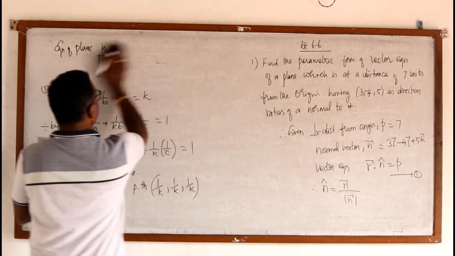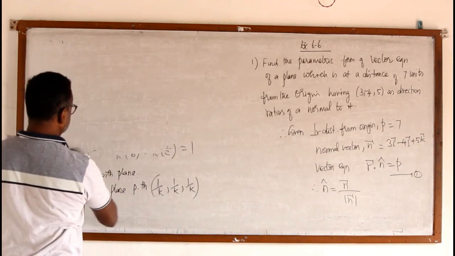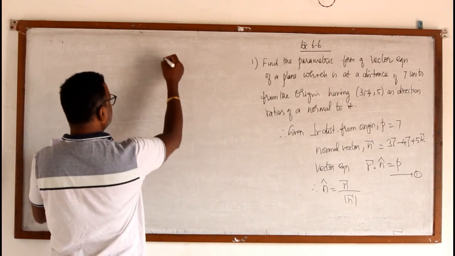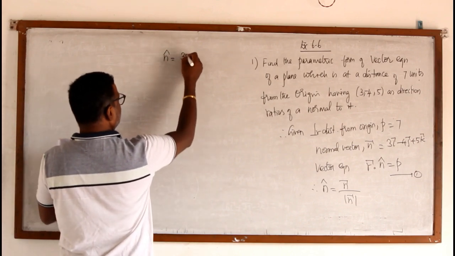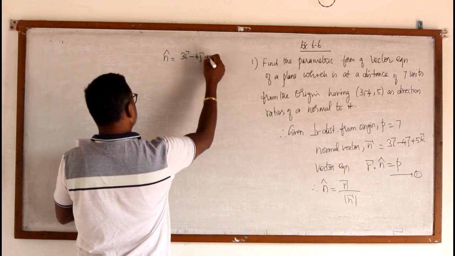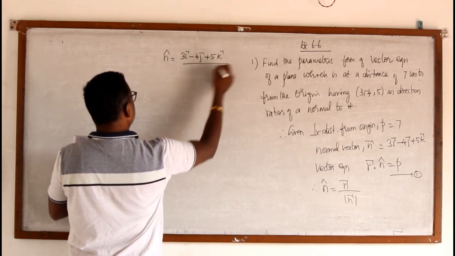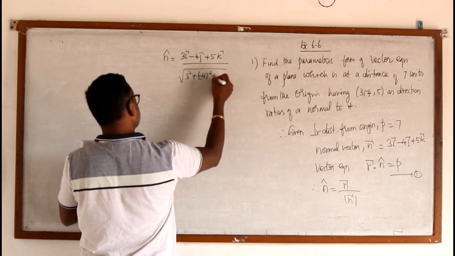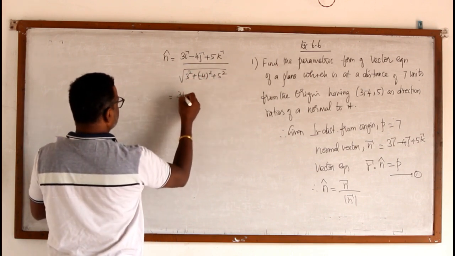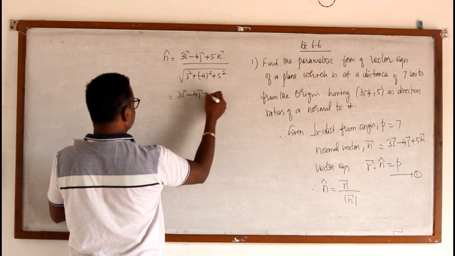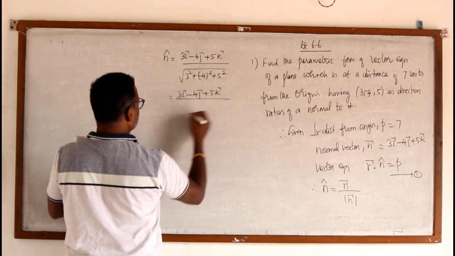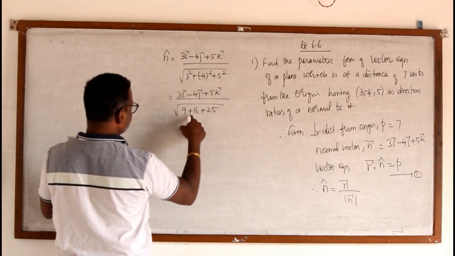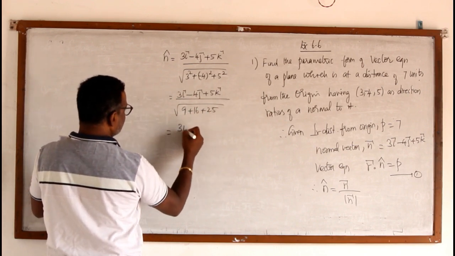So n cap = (3i - 4j + 5k) / root of (3 squared + (-4) squared + 5 squared), which is (3i - 4j + 5k) / root of (9 + 16 + 25). 25 plus 25 is root 50.